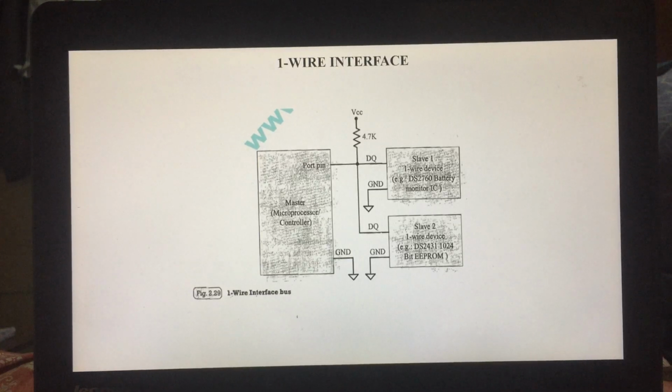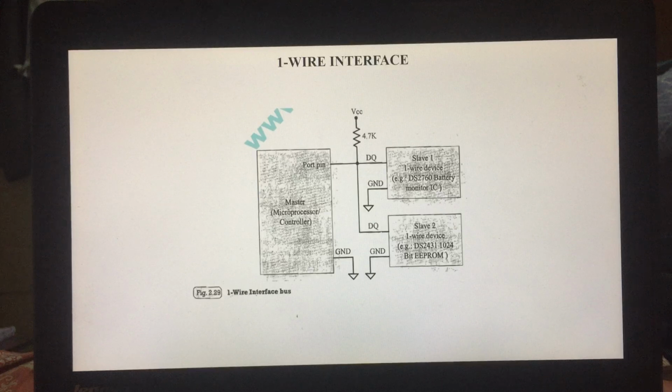This command is the address command followed by the 64-bit address of the device. This addresses the slave device with which it wants to initiate a communication. Then, master device sends a read or write function command to read or write the internal memory or register of the slave device. All communication in one-wire device is master initiated.